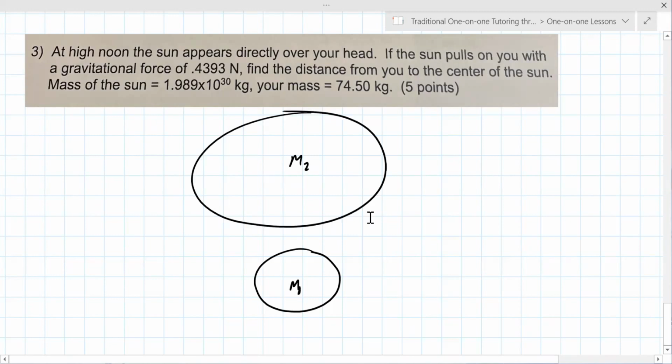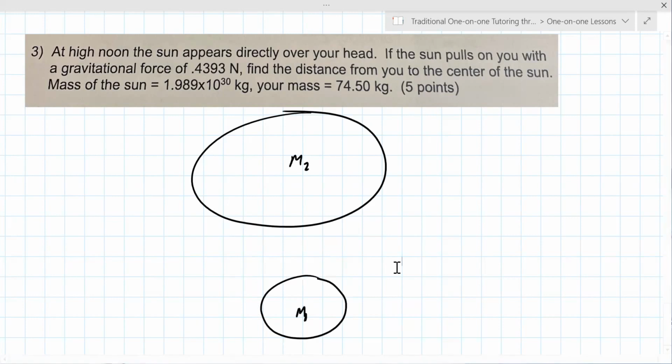If you care about that, the relative sizes are maybe important. Who knows? Okay. Now you are standing on the earth. But you are part of the earth, so your mass adds to the earth. It's negligible, but we'll do that here as well. So M1 is the mass of the earth plus you.